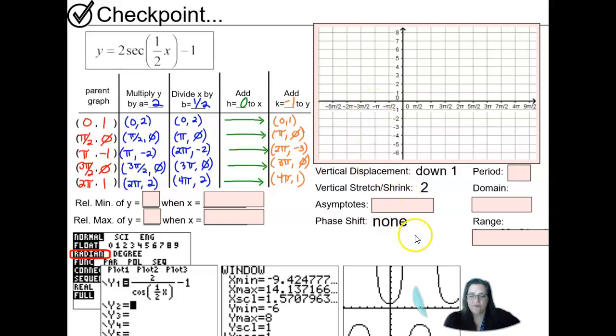So there was no phase shift. We have a stretch of 2 and a vertical displacement down. The period is going to change because of this horizontal stretch of 1/2. We're going to end up taking the period 2 pi divided by 1/2, which is a period of 4 pi.